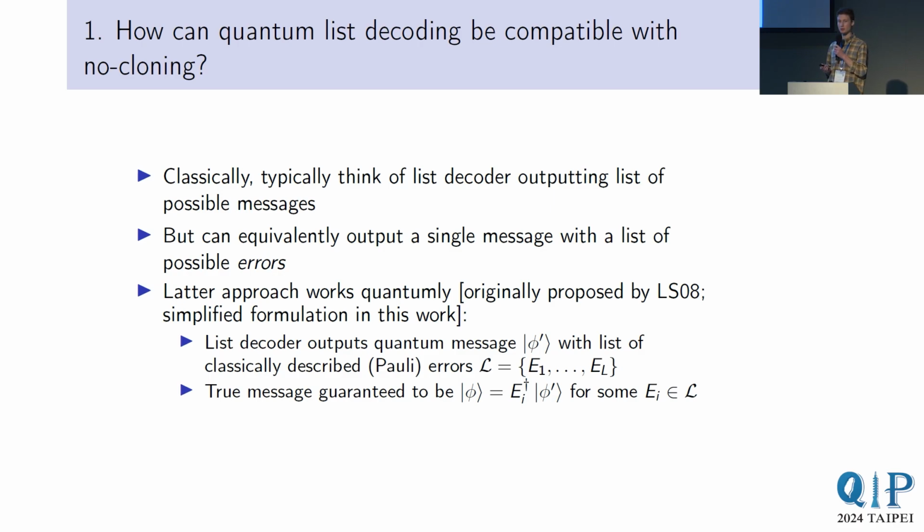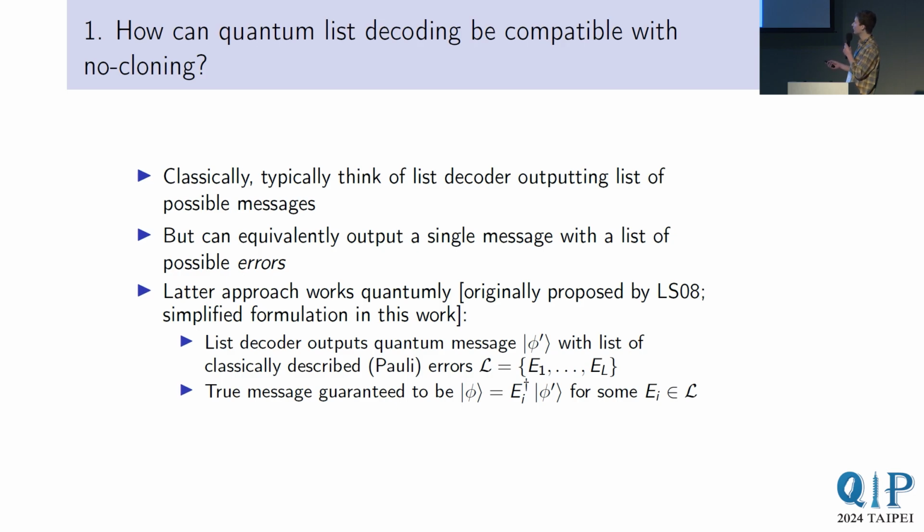And this approach actually does work quantumly. This was first observed, I think, by Leung and Smith in 2008. In this work, we build on their work and further simplify their notion of list decoding. The idea is that the list decoder outputs a single quantum message, phi prime, and then a short list of possible Pauli errors. And a Pauli error you can describe classically, so this is an entirely classical list.